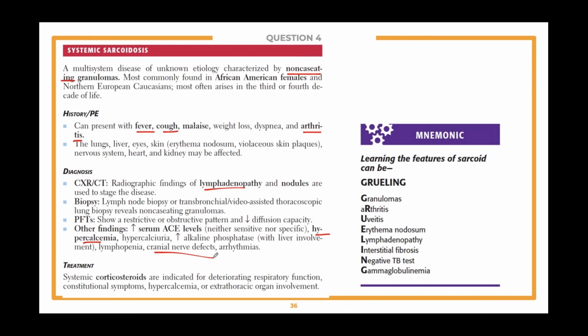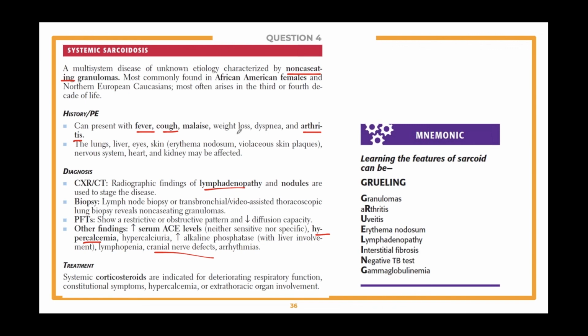And of the cranial nerves, cranial nerve 7 is most common, which is why this patient probably has cranial nerve 7 palsy, okay? So it's important not just to assume that cranial nerve 7 palsy is because of Lyme disease infection, but what else could be causing it? And we need to piece together all those clues to come up with the diagnosis, okay?